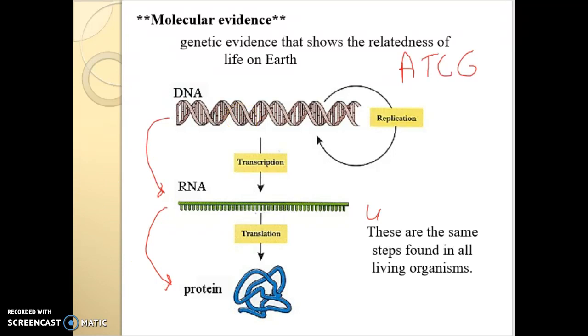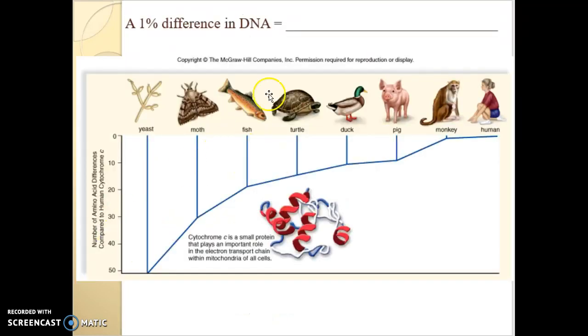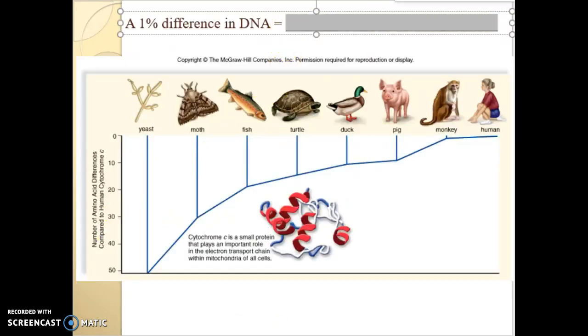And when we look at molecular evidence and we look at DNA, the DNA difference is what scientists use to help extrapolate evolutionary time. All right, so DNA difference, 1% difference in DNA is approximately 5 to 6 million years of evolution.